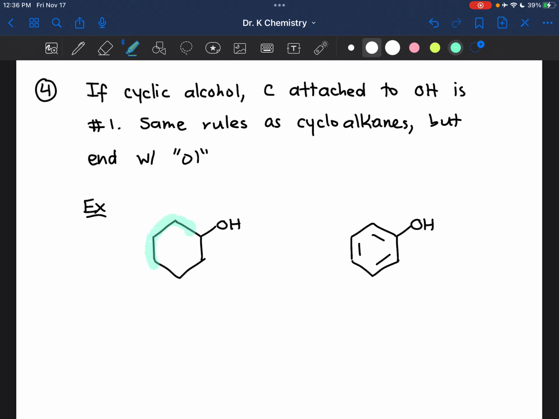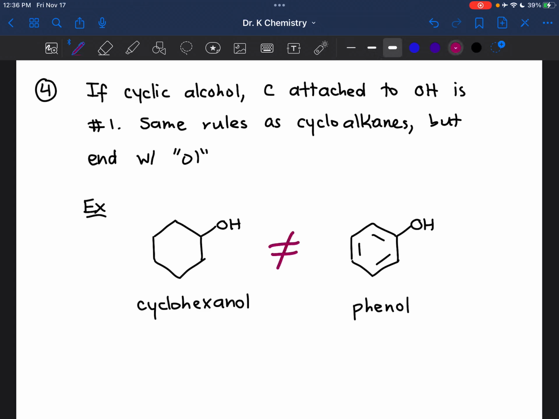On the left, I see that we have a cyclohexane attached to an OH group, so that would be cyclohexanol. On the right, we actually have a benzene attached to an OH, and that was one of the special aromatic cases that we called phenol. These are very, very different from each other. They have different shapes, they behave differently, so be very, very careful not to mix them up.